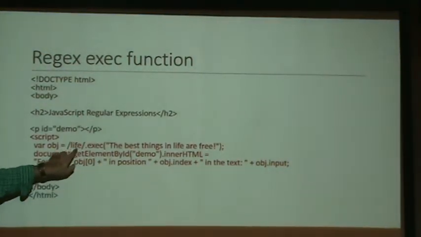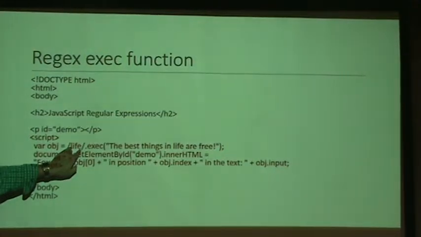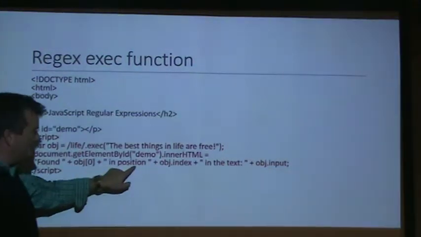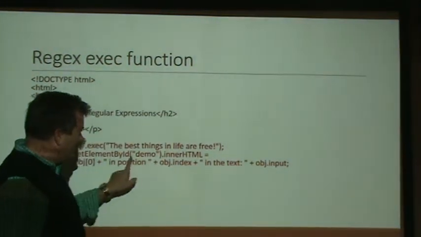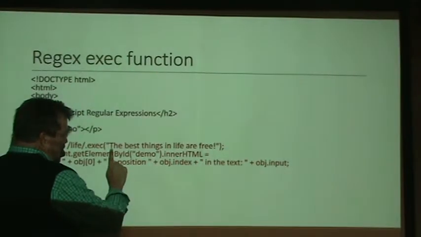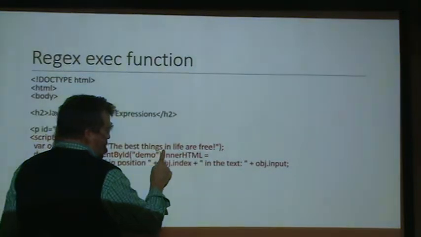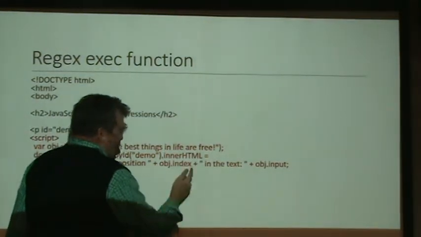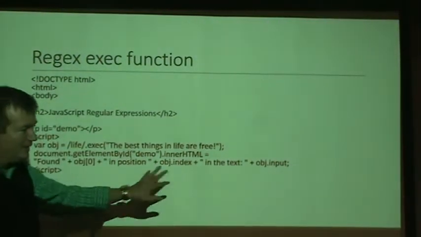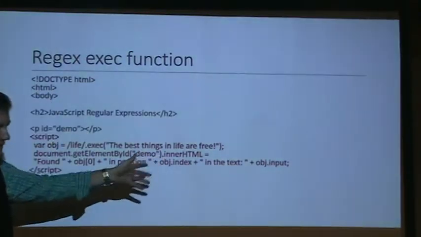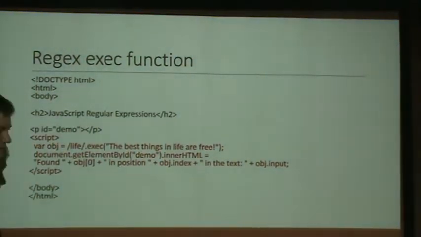I'm sorry, object 0 is going to be life, the pattern we're looking for. The index will print out where it is, which would be 20, right? Found life at index 20 within the string, the best things in life are free.